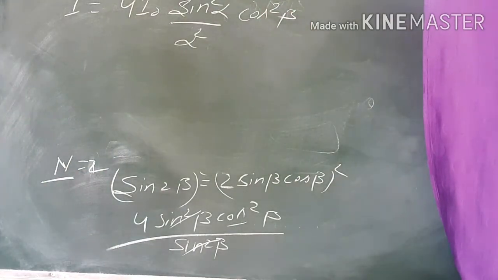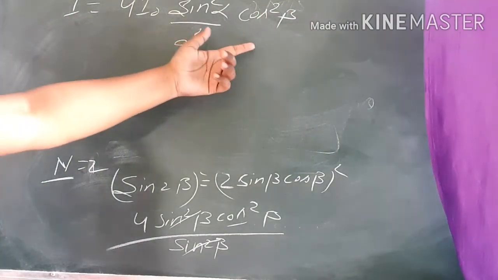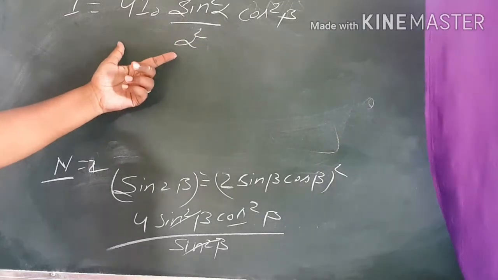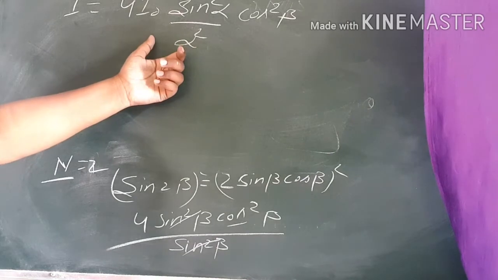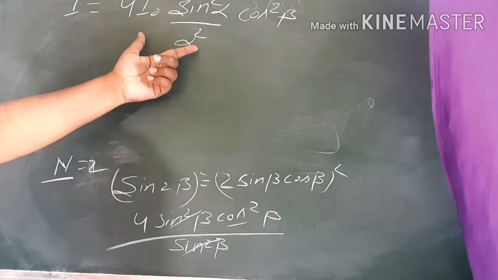If n is equal to 2, we have this intensity, and this is the same as in the case of the double slit. This is the intensity due to the double slit.